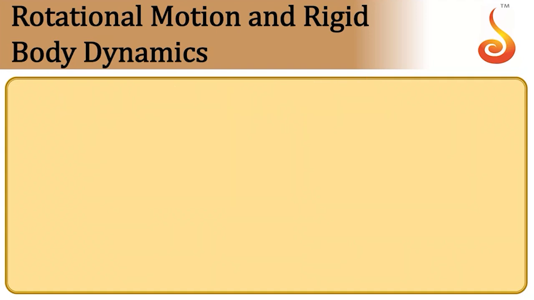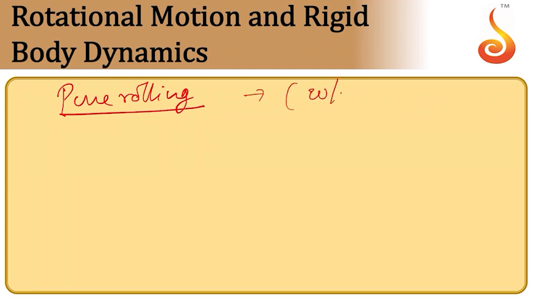One of the important discussions here is that of pure rolling. Rolling is said to be pure if it does not slip. That means there is no slipping of the point of contact.